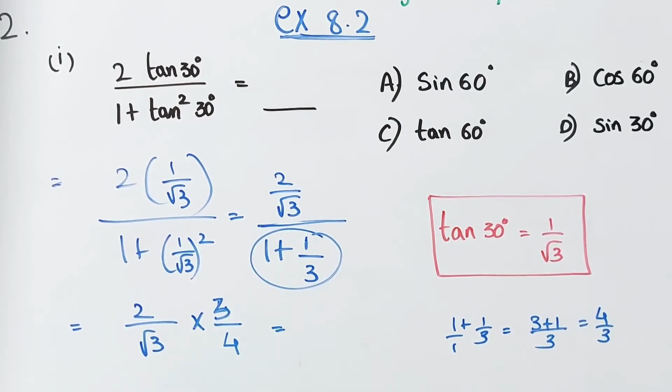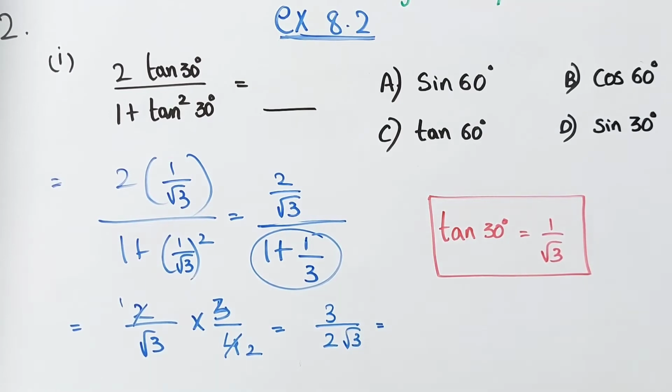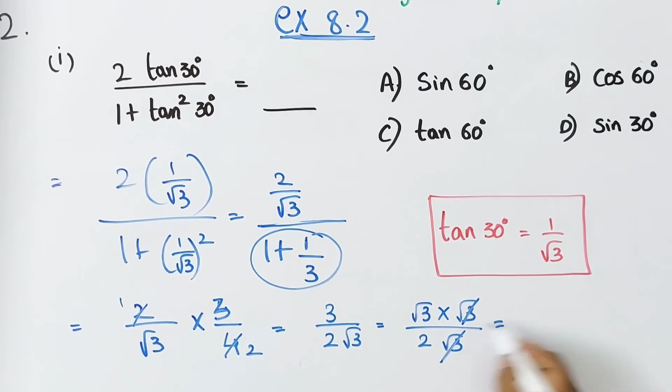Correct, children? So here 2 1s are, 2 2s are. Correct? Now 3 divided by 2 root 3. I can write 3 equals root 3 into root 3, children. Correct? Root 3 square equals 3. Divided by 2 root 3 here. Root 3 will get cancelled. What is the answer? Root 3 by 2.